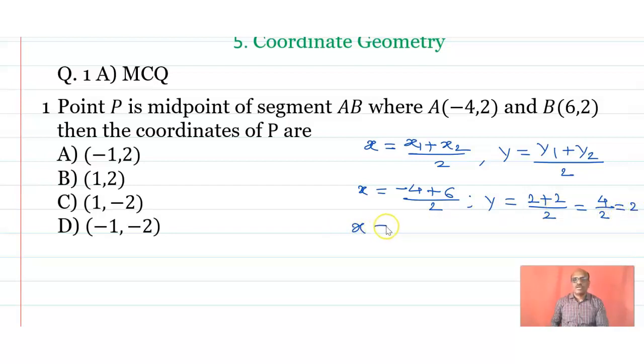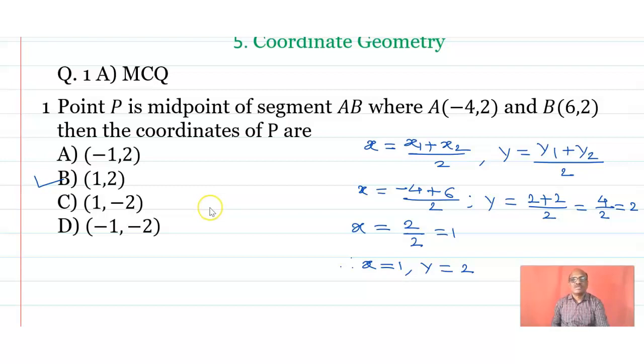But what about here? -4 plus 6, म्हणजे किती येणार? It's 2 upon 2, and that equals 1. Therefore, here you will get x equals 1 and y equals 2. Therefore, option B is the correct one.